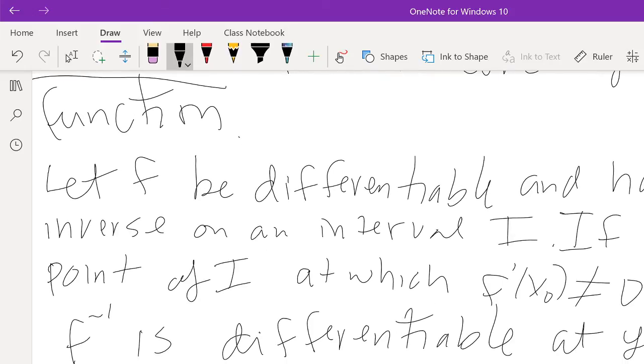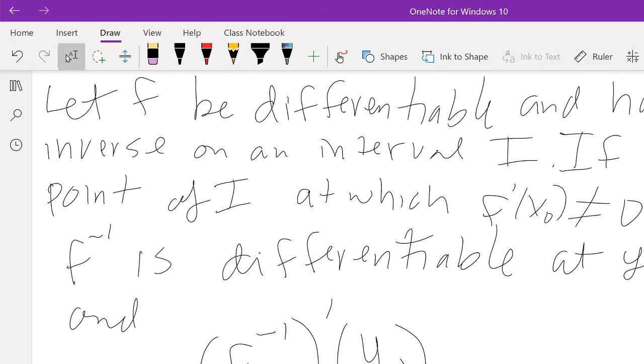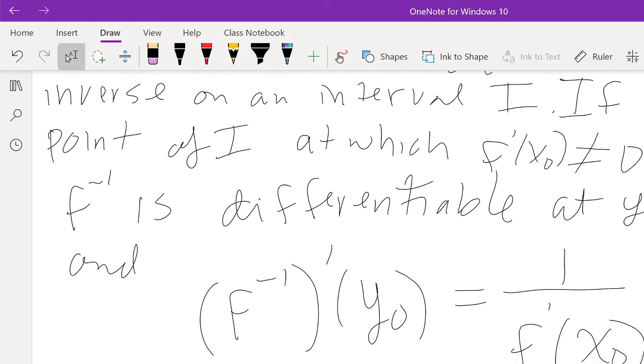And not only that, I have a formula that allows me to calculate the derivative of the inverse at this point, and that is equivalent to 1 over f prime at x naught.